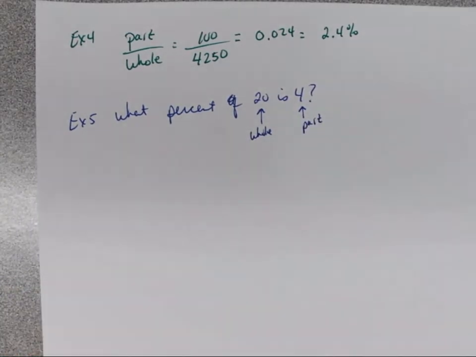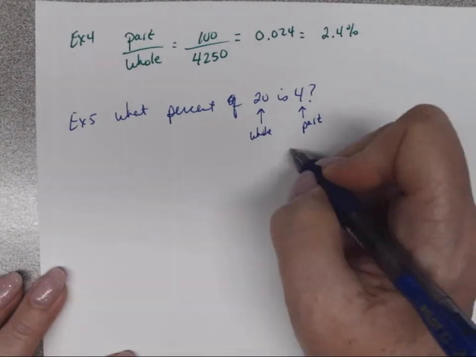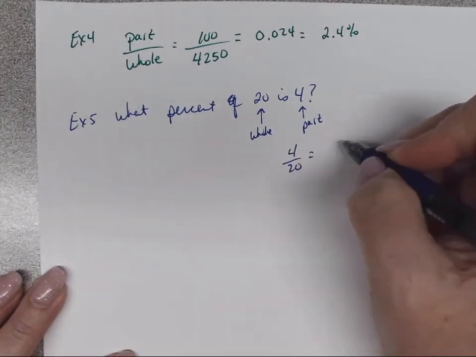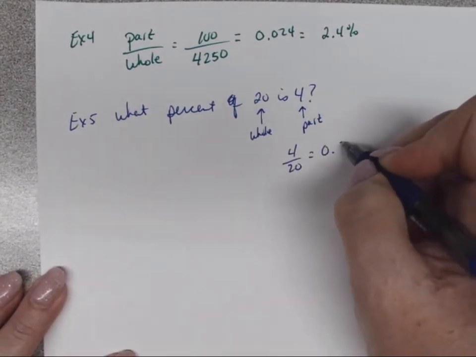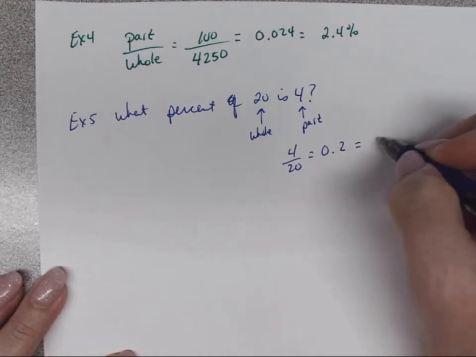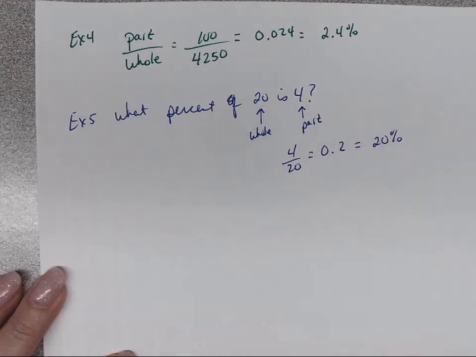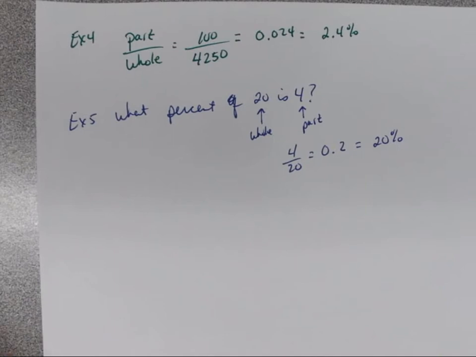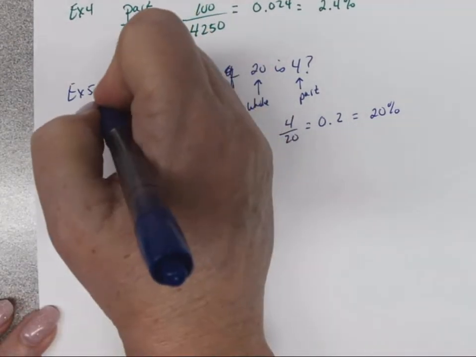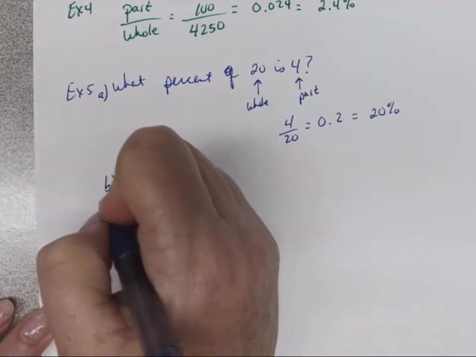So we're writing the part over the whole again, so it's going to be 4 divided by 20, which will get us a decimal of 0.2, and then it becomes 20% as we change it to a percent. Okay, so that's part A. Let's look at part B.